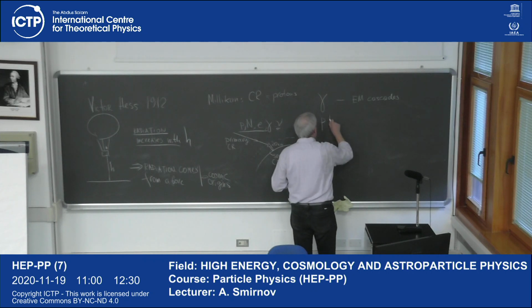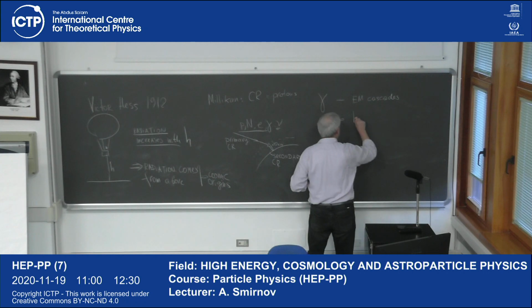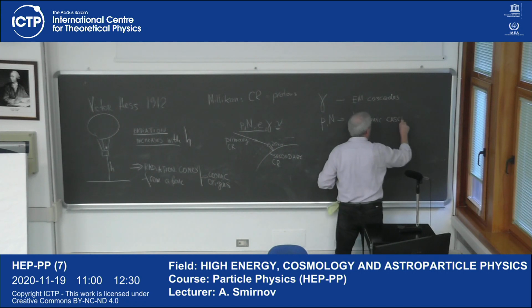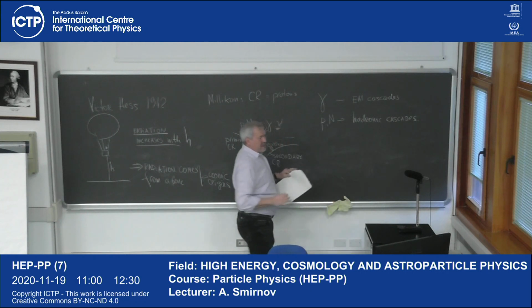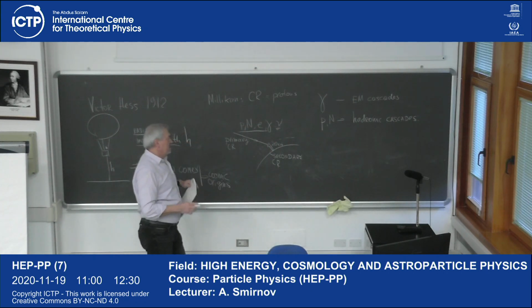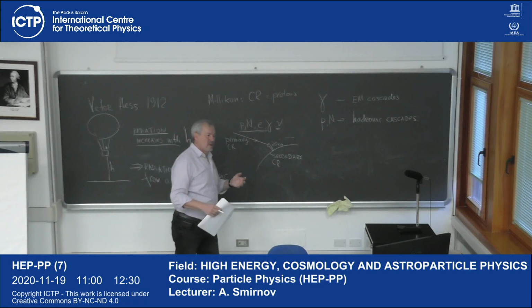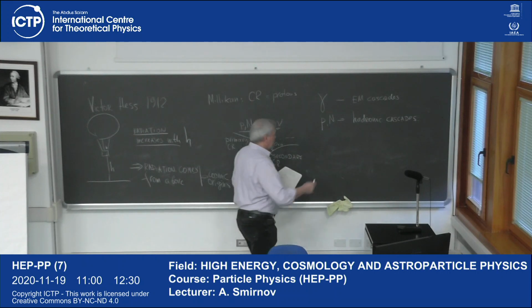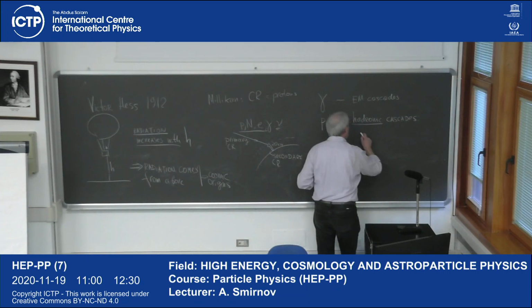We have protons and the nuclei, which produce hadronic cascades. And since we haven't discussed these particles yet, I will say in advance that they produce more protons, neutrons, pi mesons, particles which have strong interactions. The hadrons, particles which have strong interactions.